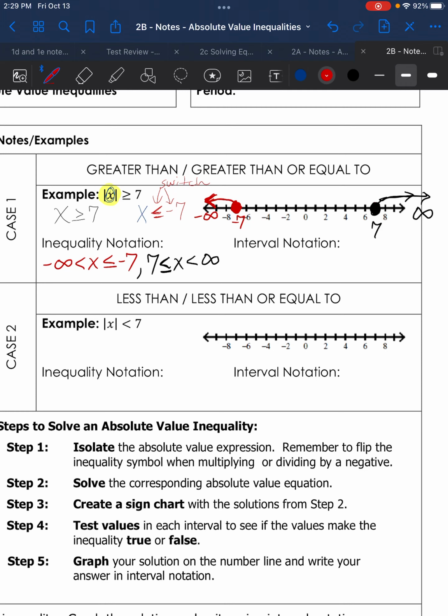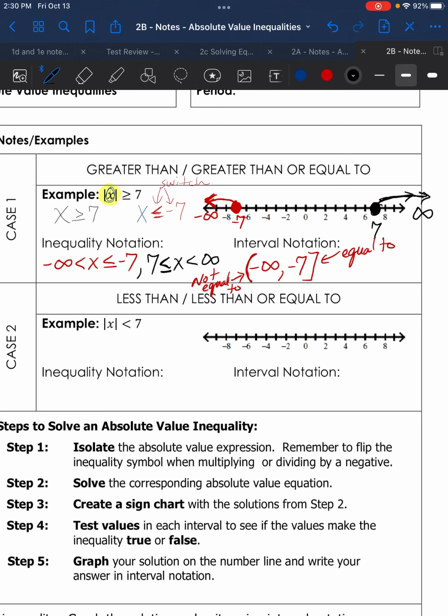Now interval notation, this is what we're going to transition to, is we actually have negative infinity to -7. And let me explain my parentheses versus bracket. So infinity is not equal to, so the parenthesis means not equal to, or a bracket means equal to.